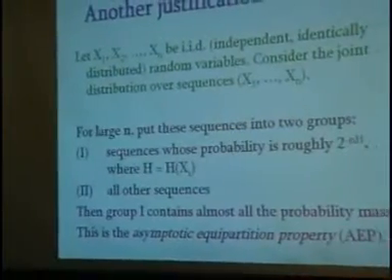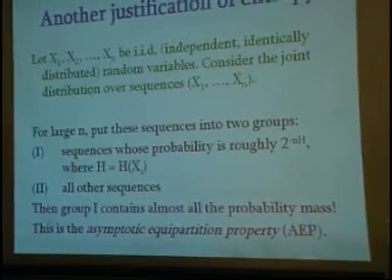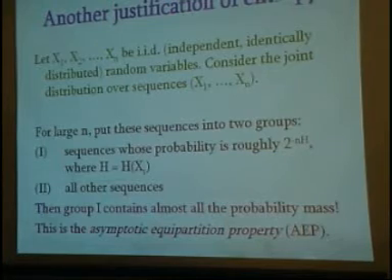So now let's look at these sequences and put them into two groups. We'll pick out the sequences whose probability is roughly 2 to the minus n times the entropy, according to our distribution, and all other sequences. And it turns out that most of the sequences that we observe are going to have roughly the same probability.